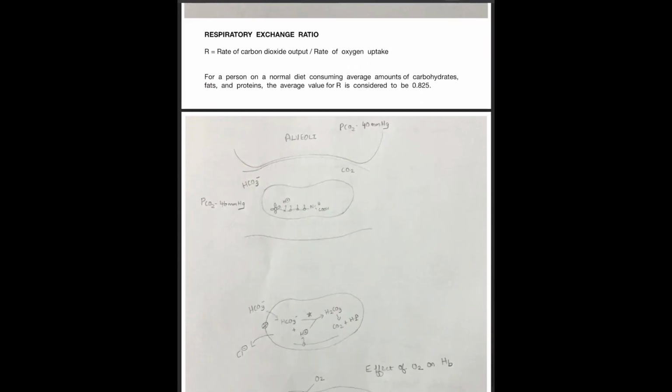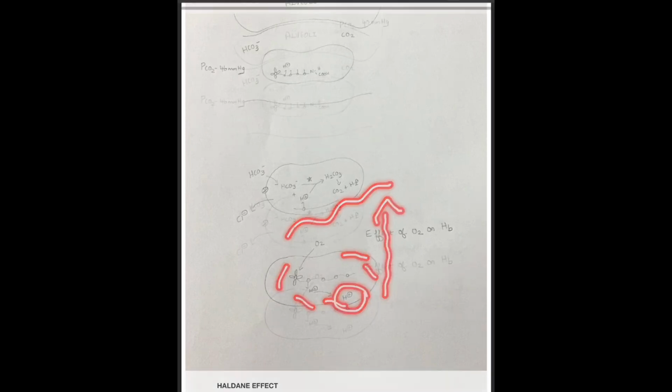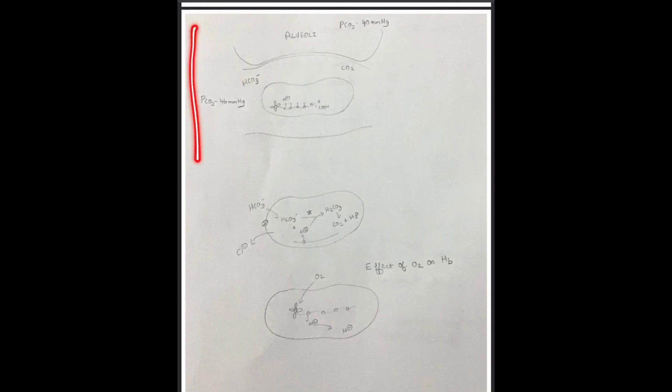So whenever there is an increase in the acidity inside the RBC, there are other hemoglobins present inside the RBCs. They will catch this lone hydrogen ion with themselves, so that the acidity formation will not occur inside the RBC and acid base balance is maintained. This whole process occurs in the alveoli of the lungs.